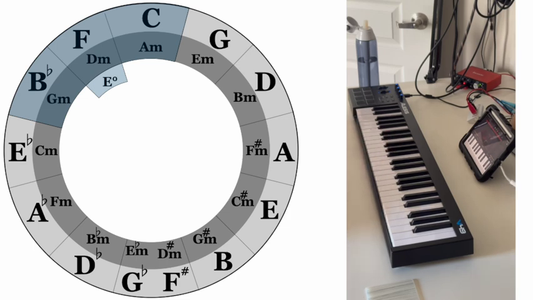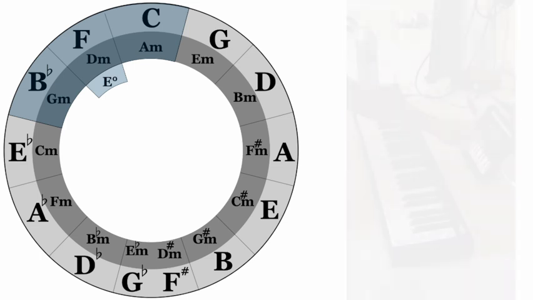So that's where you need to be careful with Mixolydian. Okay, so hopefully that helped out a little bit, understanding how you can get back to that F major really quick.